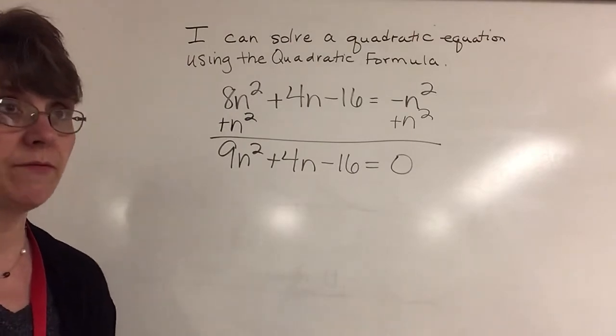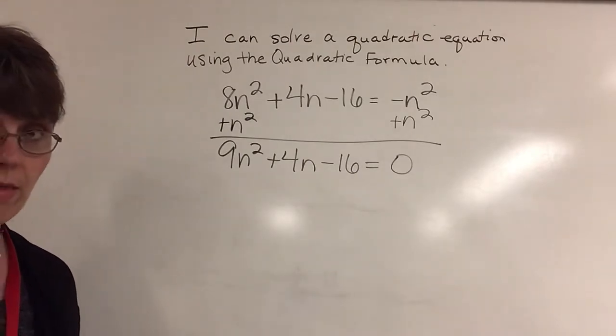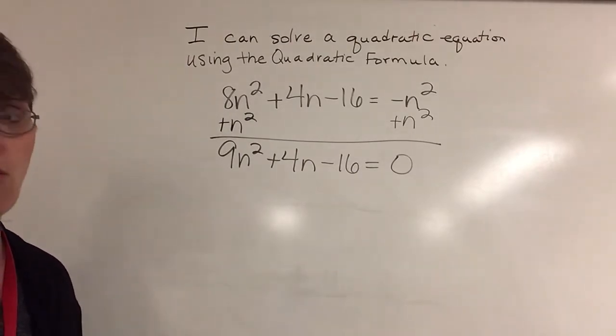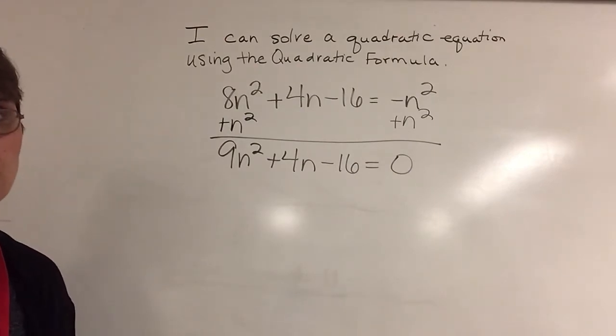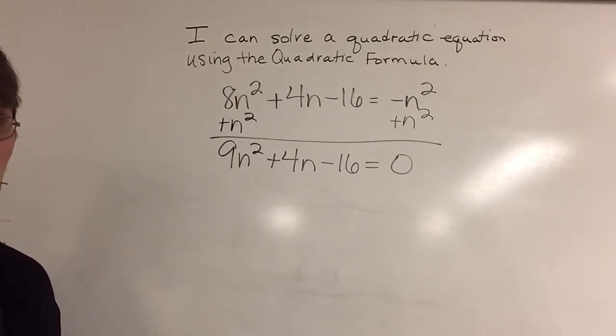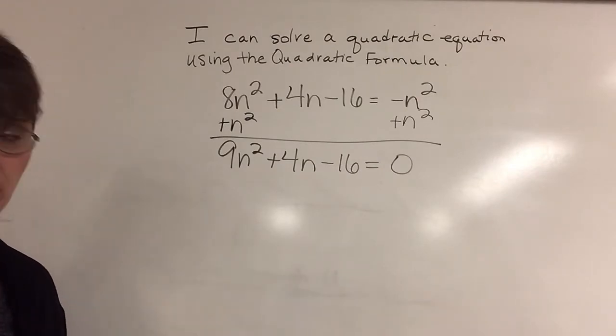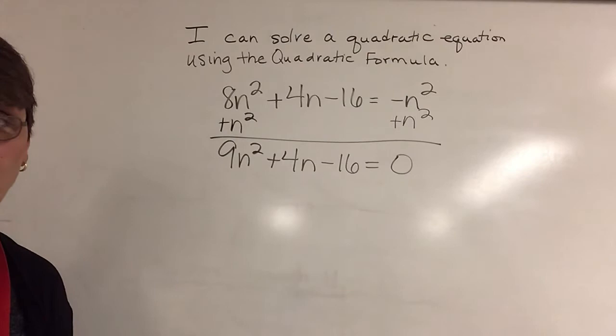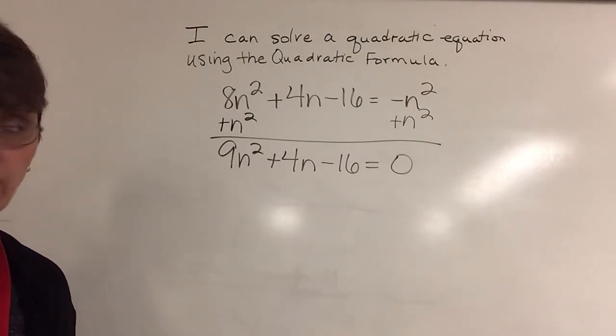But if they specify that I can use whatever method I want, then I'm going to use whatever method I want. The only reason I'm saying this is because the next day's practice is going to say that you can use whatever method we've learned so far: factoring, taking the square root, or the quadratic formula.